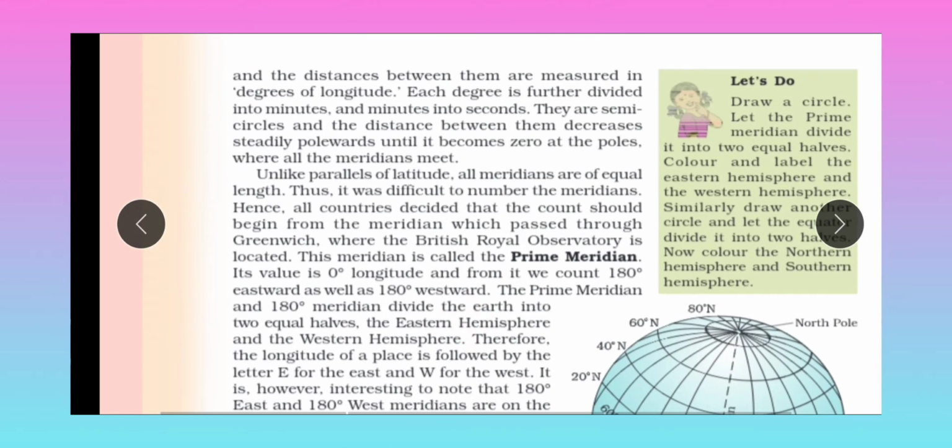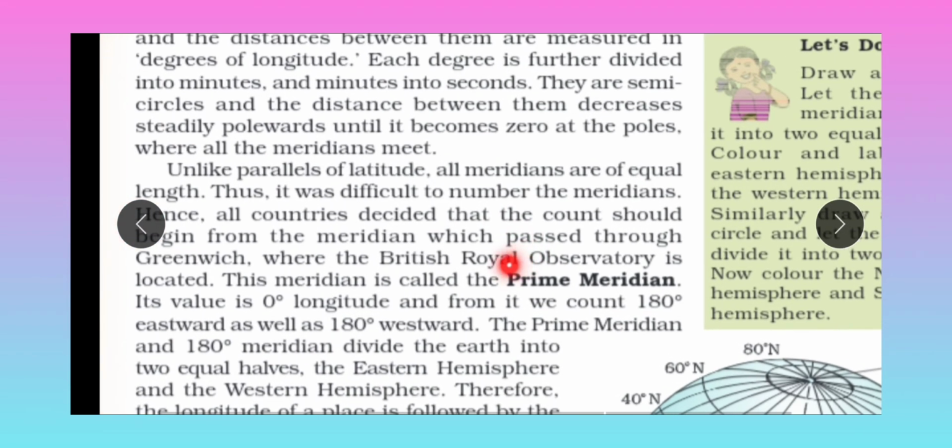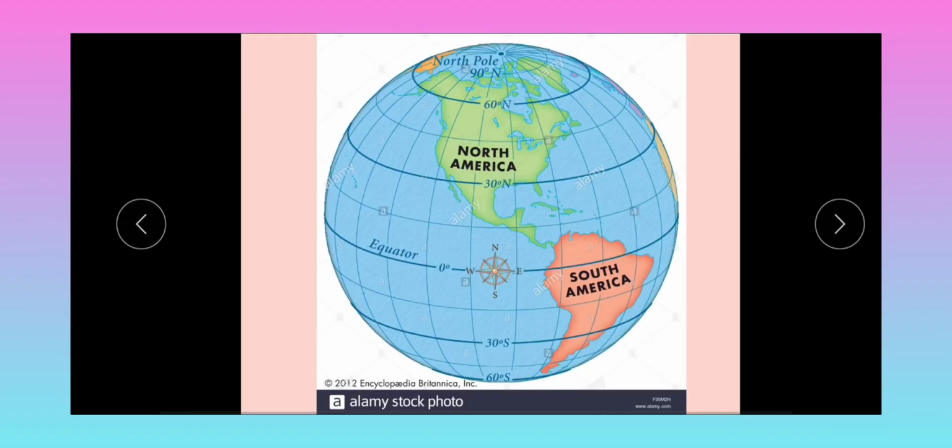And the distance between them is measured in degrees of longitude. Each degree is further divided into minutes and minutes into seconds. They are semicircles and the distance between them decreases steadily polewards and becomes zero at the pole where the meridians meet.